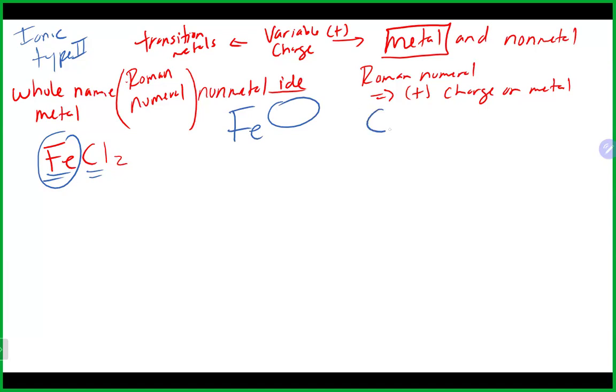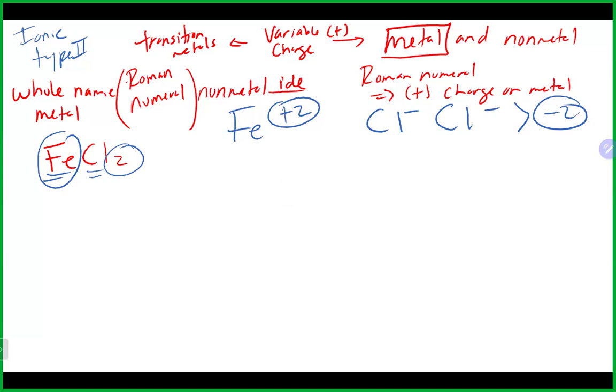That means it should have a -1 charge. But there are 2 Cl, which is going to give me a -2 overall, which means my one iron must have what type of charge to balance it out? +2.